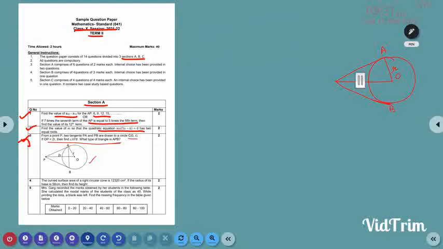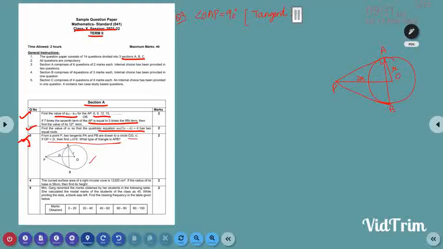So here R is the radius of the circle and OP is equal to 2R. And if we look at this angle OAP, just look at this angle OAP. Now this angle OAP will be equal to 90 degree. Why? Because tangent is perpendicular to the radius at the point of contact.